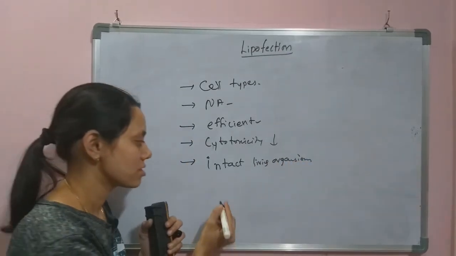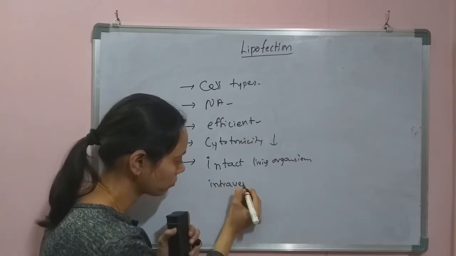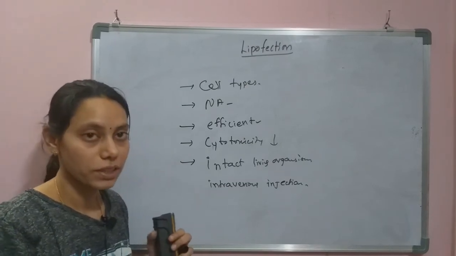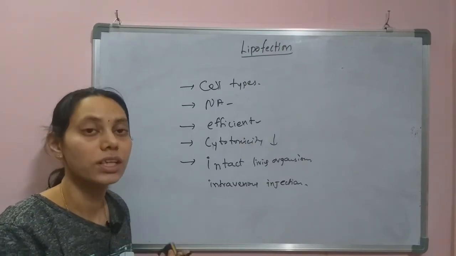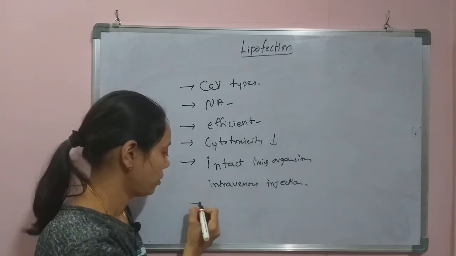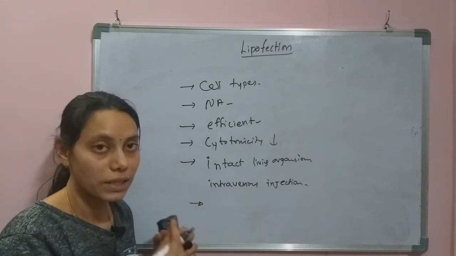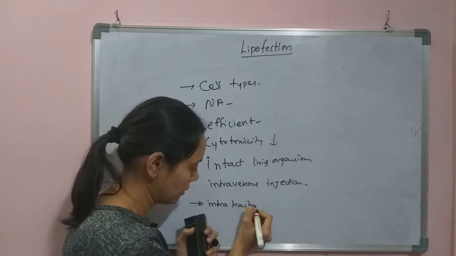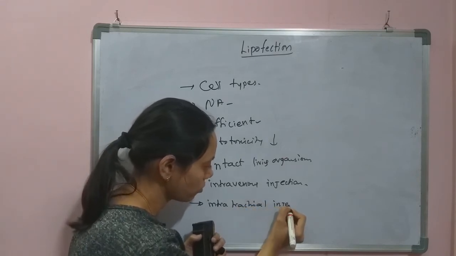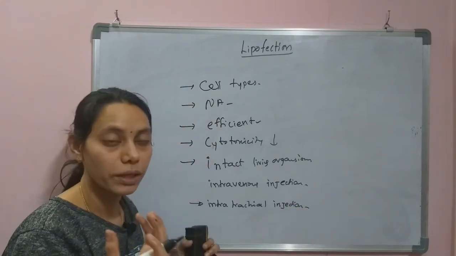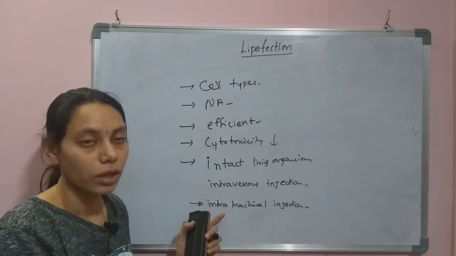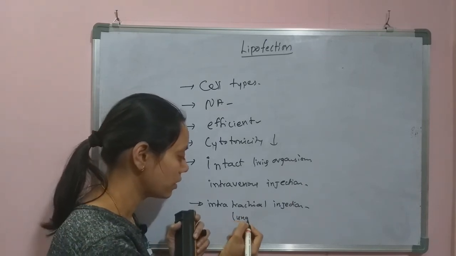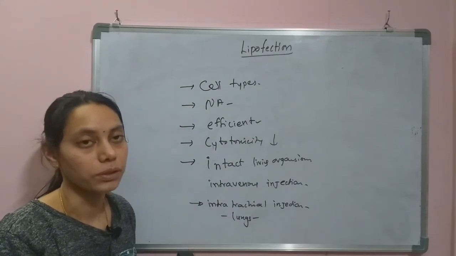With intravenous injection, we can introduce DNA into the live organism, and generally transgenic mice will be produced using intratracheal injection, by which the liposomes will be delivered inside the tracheal environment, and they produce transgenic proteins inside their lungs. So it is one of the best examples of the liposuction.